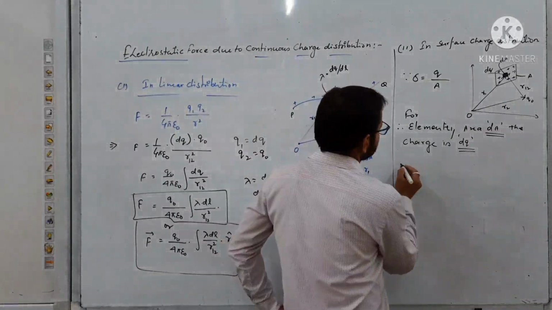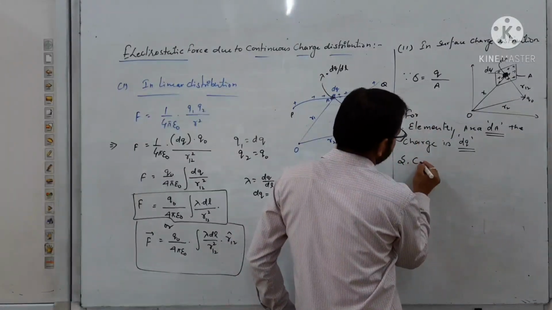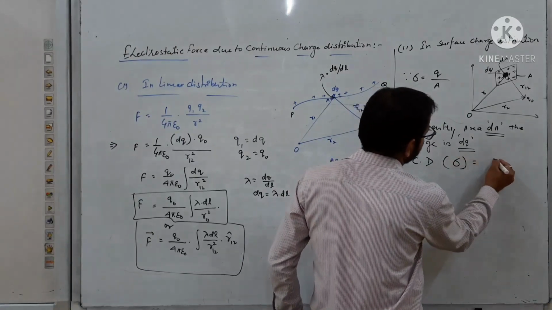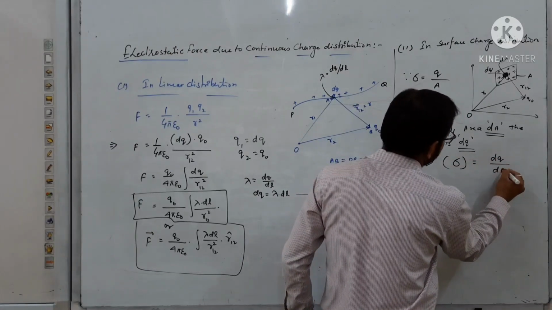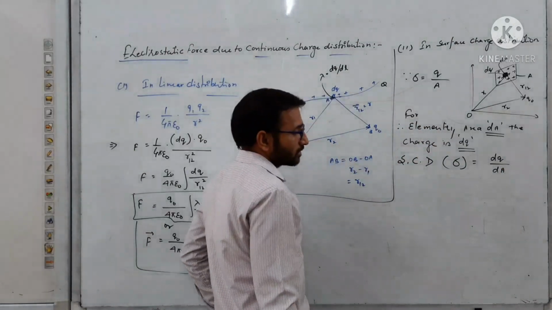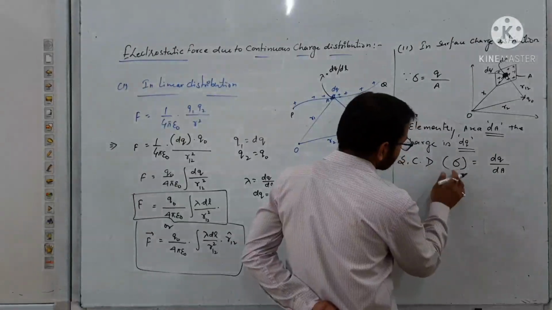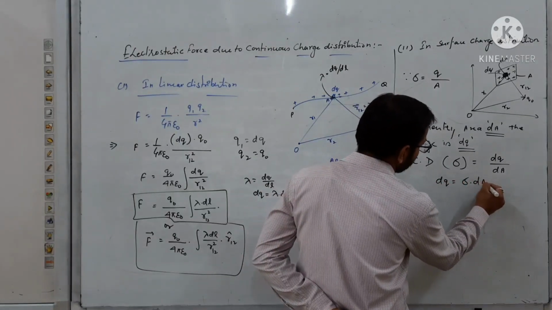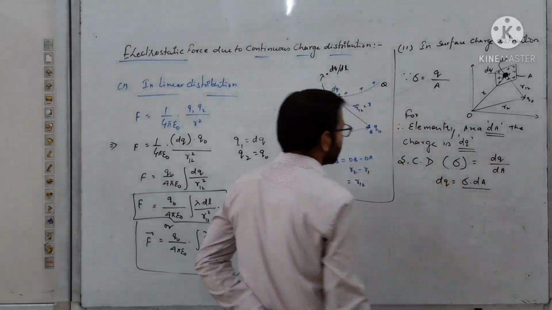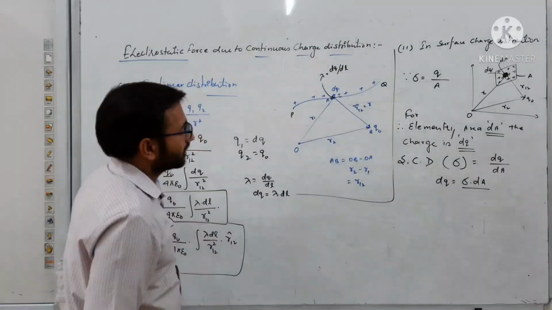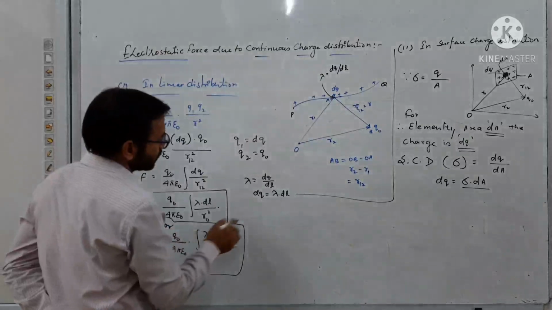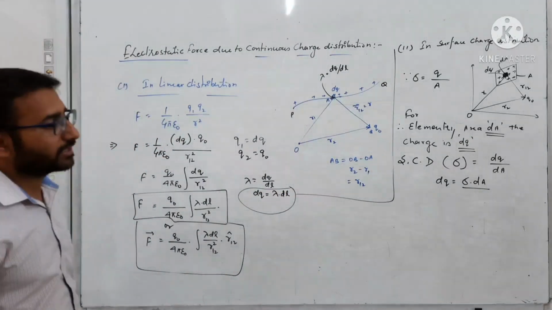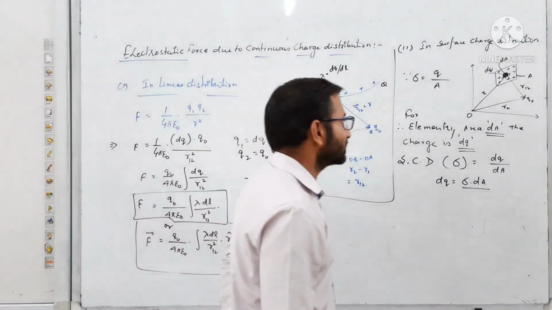So at that time the surface charge density sigma is equal to dq upon dA. Point clear? After that, dq is equal to sigma into dA. Listen carefully, this is the formula for surface charge density, but in the case of linear distribution of charge, your dq is different. Similarly, it will be different in the other upcoming cases.